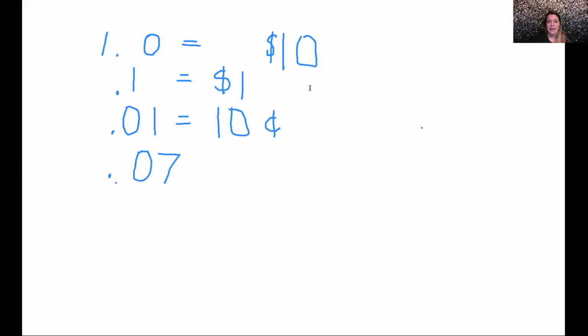How much would that be if you were trading with a 0.07 lot size? Yep, it would be 70 cents, okay? So what if you placed a trade and you used a 0.24 lot size? How much would that be?